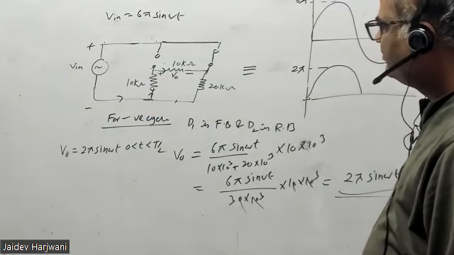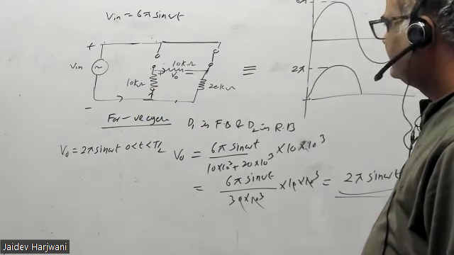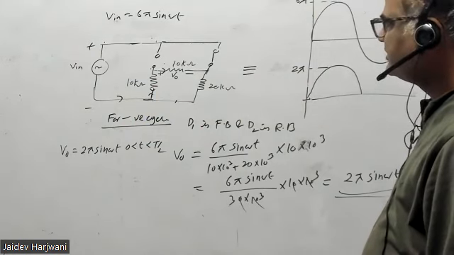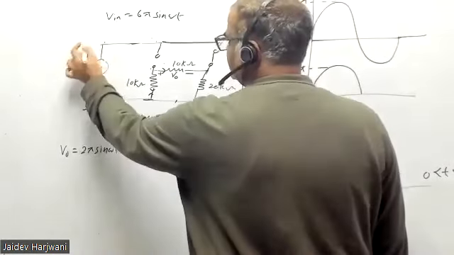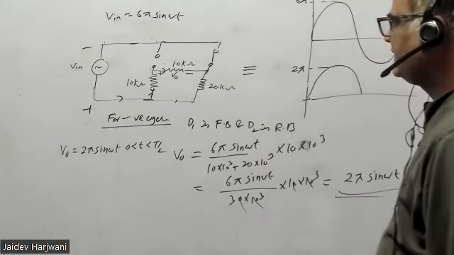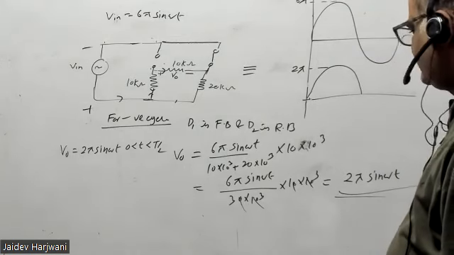How can you visualize the circuit here? Okay, let us visualize the circuit now. So this is now plus, this is minus, negative cycle. Tell me how to do it.